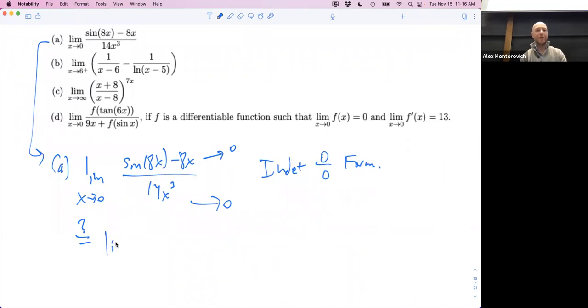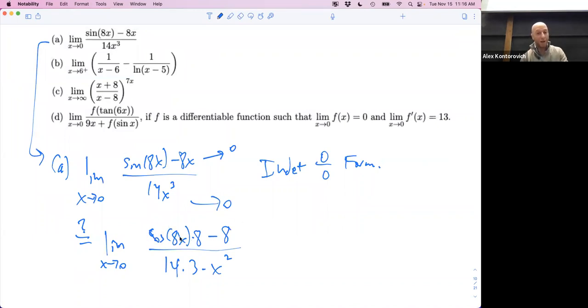So I don't know if I'm justified in saying this is equal, but I'm going to differentiate the top and bottom. The derivative of this is cosine of 8x times 8 minus 8 divided by, I'm not going to multiply that out, 14 times 3, whatever that is, x squared. Now, what's happening here?